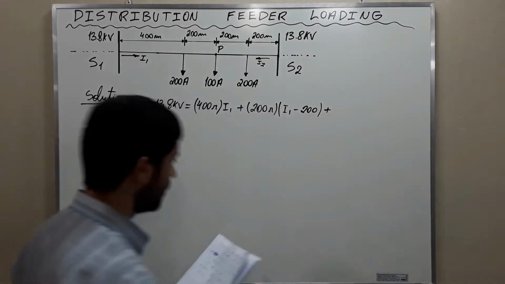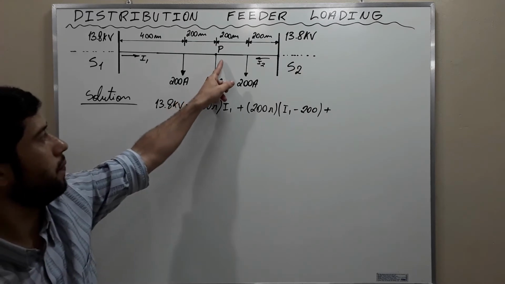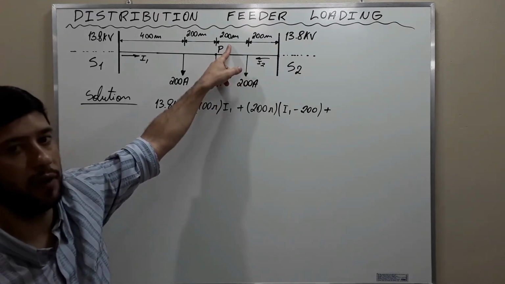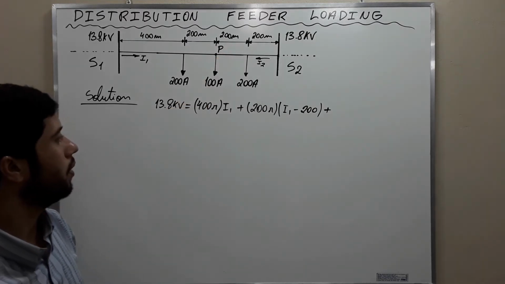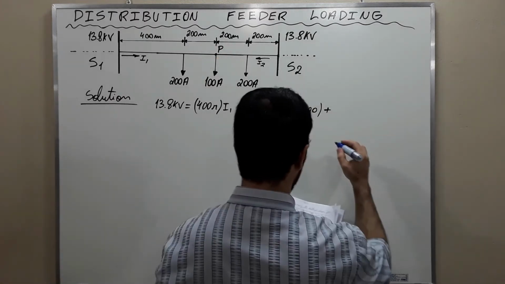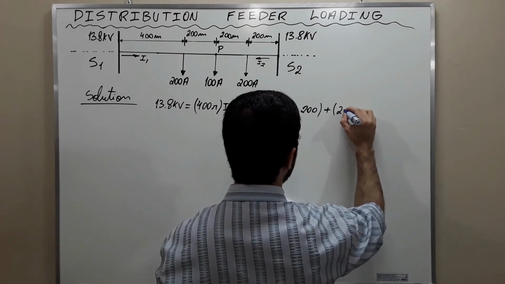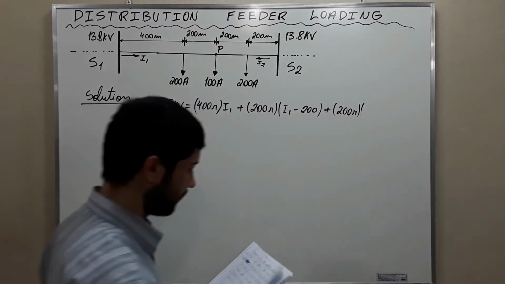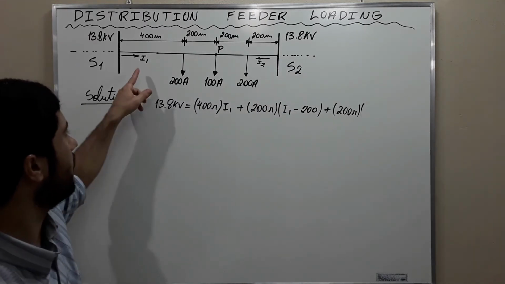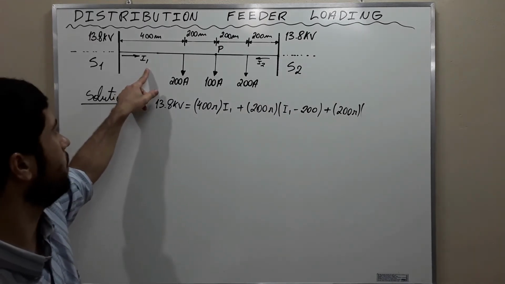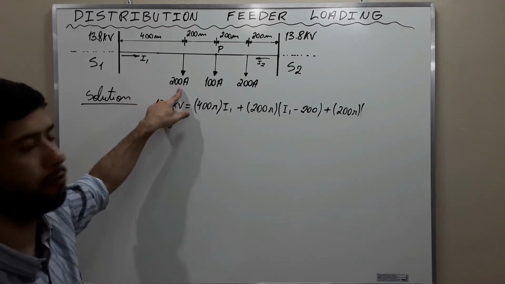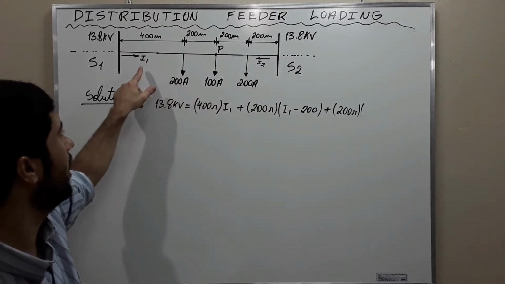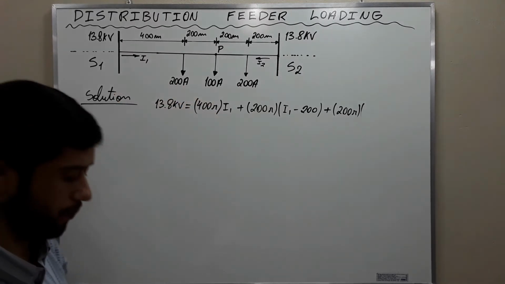Plus, similarly, the voltage drop here is 200 meters times the resistance per meter, times the current, which is I1 minus this part minus this part. So it is I1 minus 300.